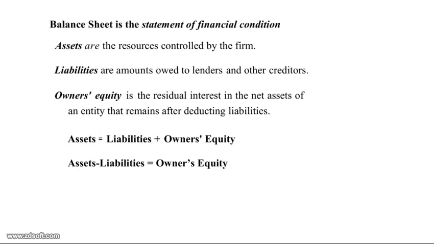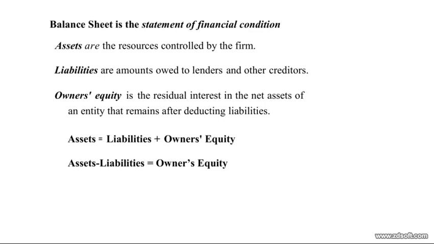point of time. So this is basically showing the assets and liabilities of the company, and it is also representing owner's equity, or a residual interest in the net assets of an entity. Okay, it means after deducting liabilities from assets, we will get the owner's equity.